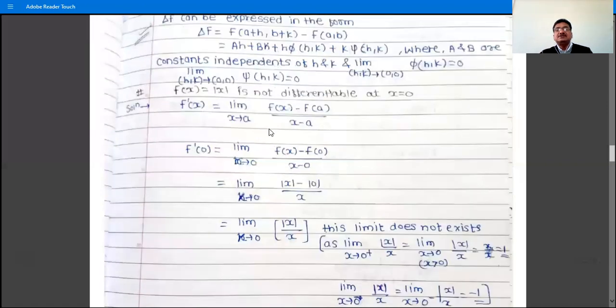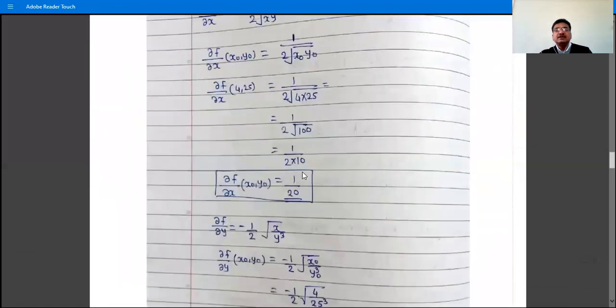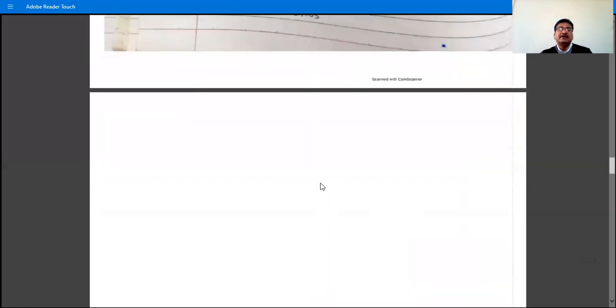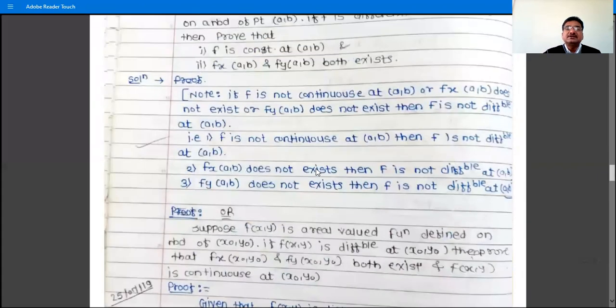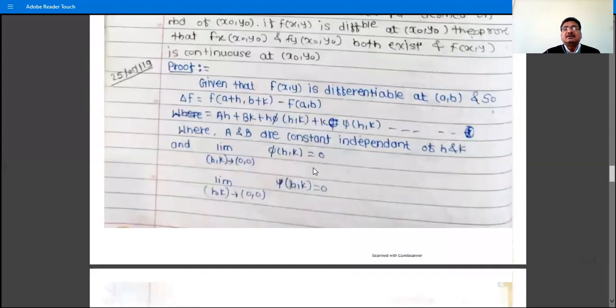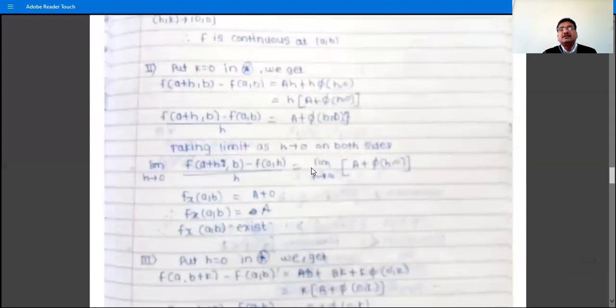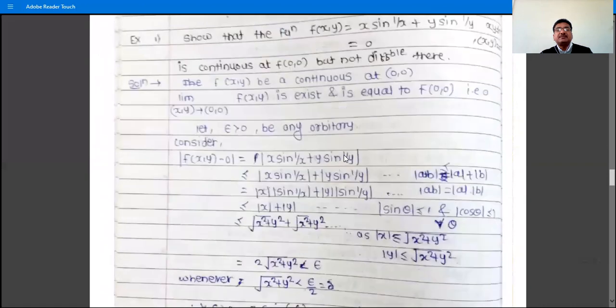Then we say the function is differentiable. So there is no necessary and sufficient condition for differentiability. There are separate conditions. Some conditions are necessary, some conditions are sufficient, but there is no single condition which is necessary as well as sufficient.